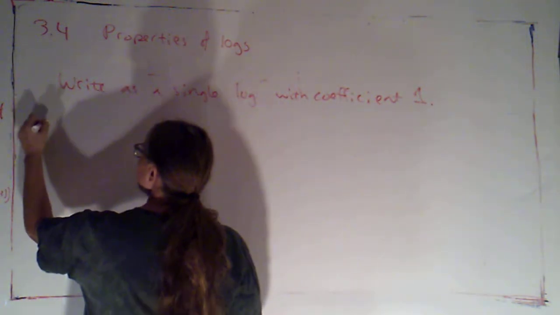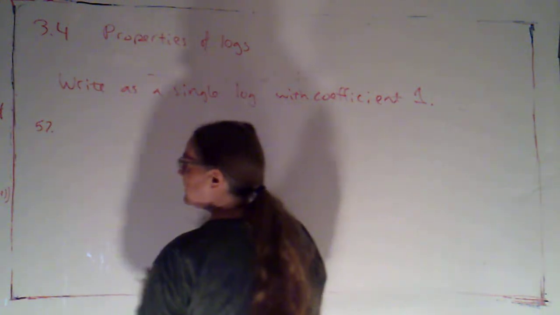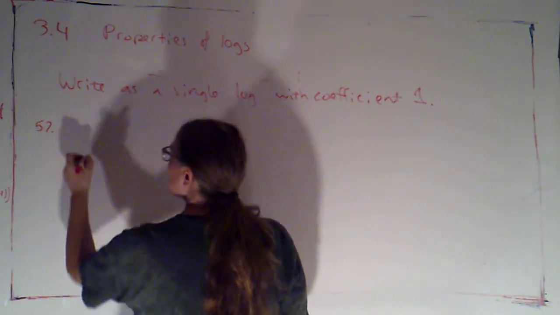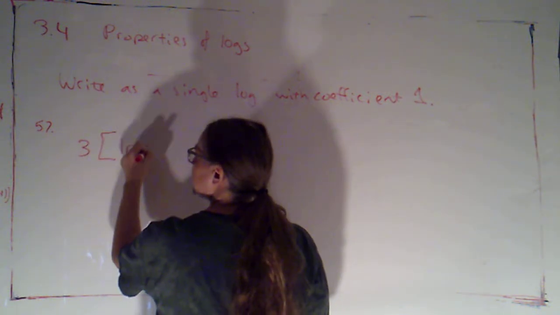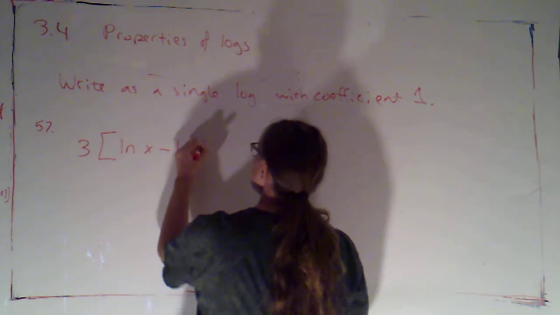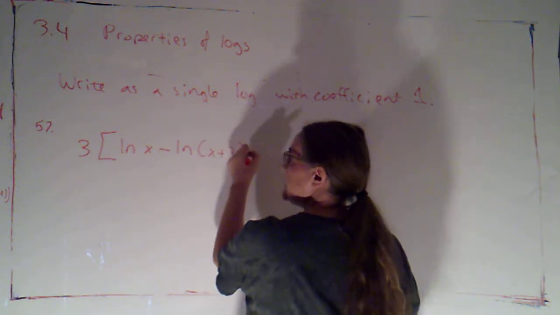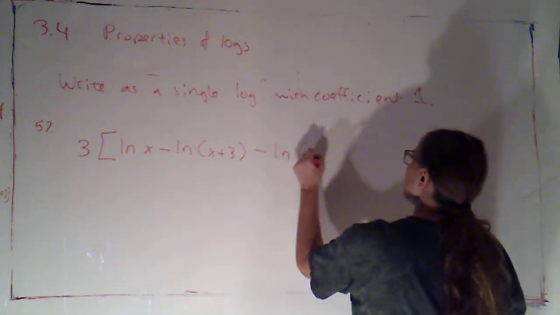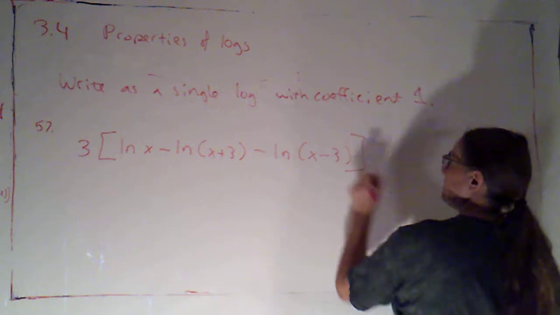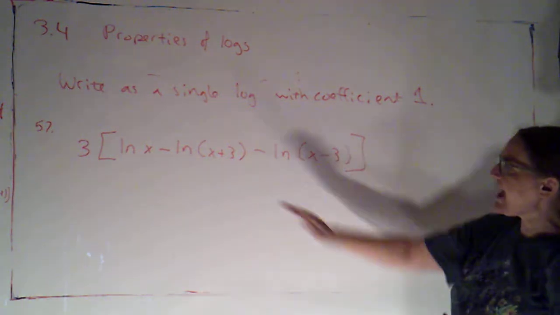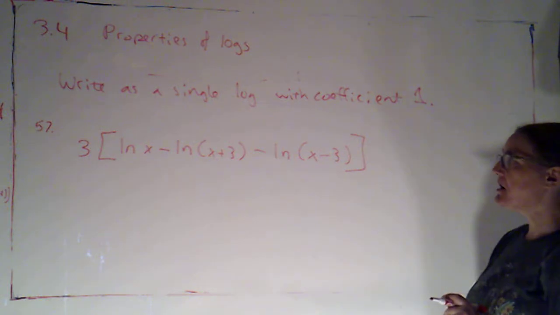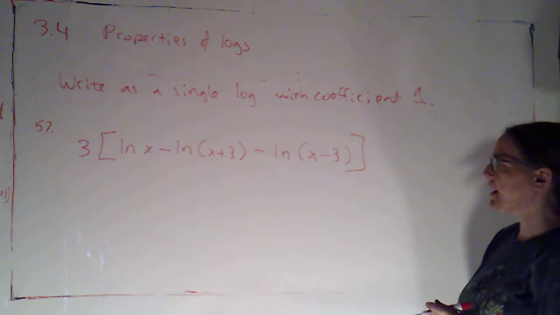This is question number 57. 3 times the natural log of x minus the natural log of x plus 3 minus the natural log of x minus 3. Okay. So, see if you can write that as a single log with coefficient 1.